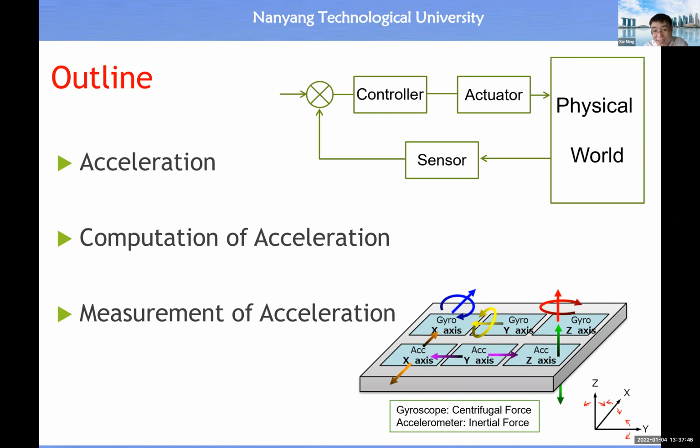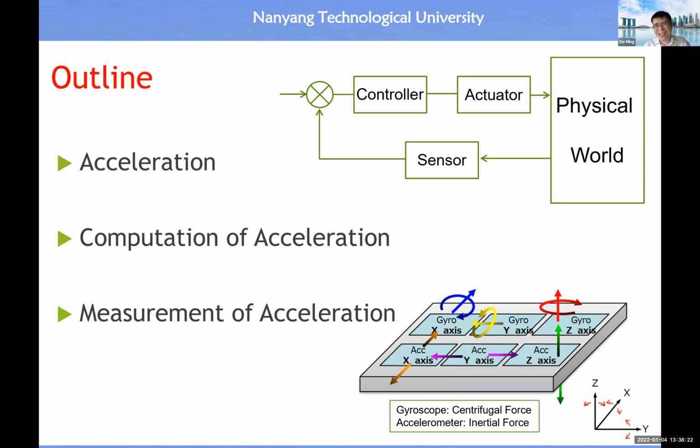And the good news is that angular motion will induce centrifugal force, and linear motion will induce inertial force. Both forces could be considered as a force in a single direction, because the centrifugal force is in the radial direction. So we can treat the radial direction as a linear motion. This is background knowledge for you to know.